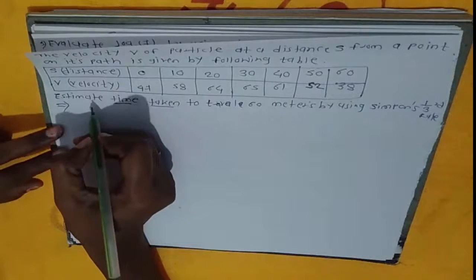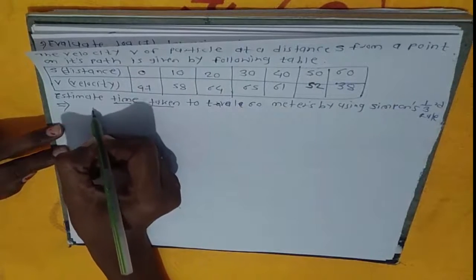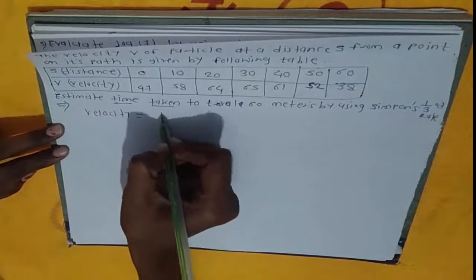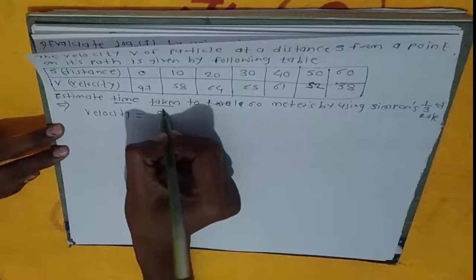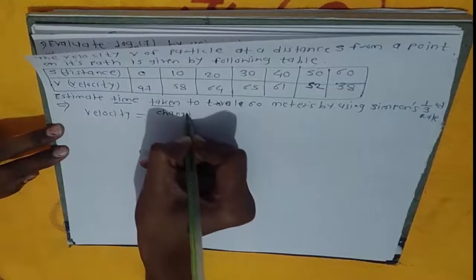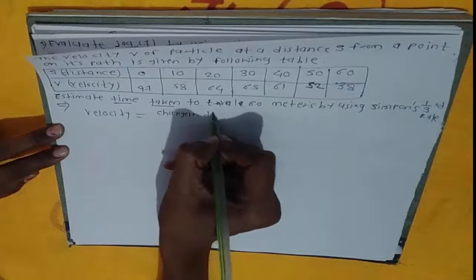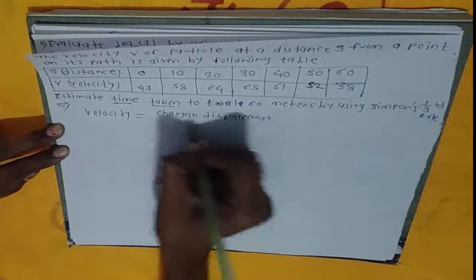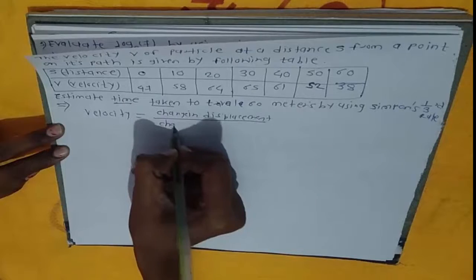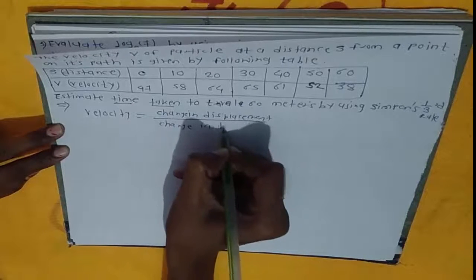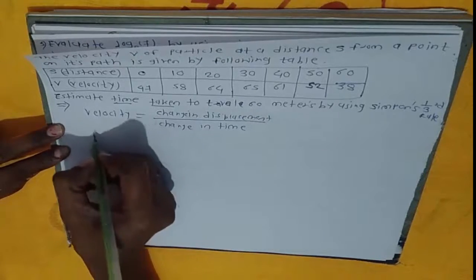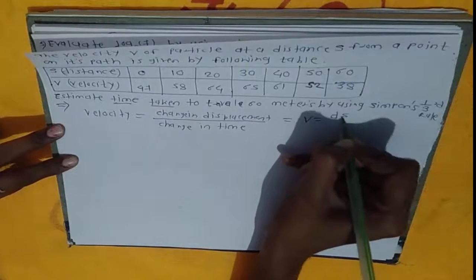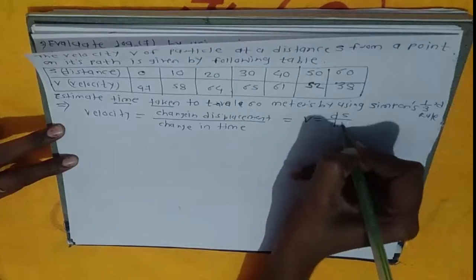Before that, we know that velocity is equal to change in displacement, that is change in distance, divided by change in time. So we write v is equal to ds divided by dt.